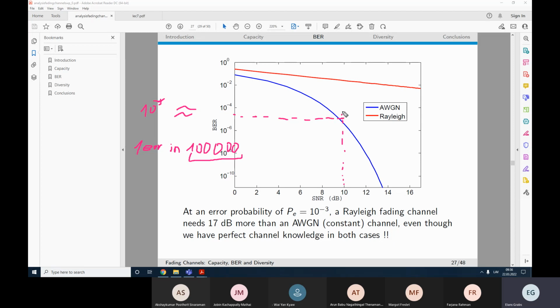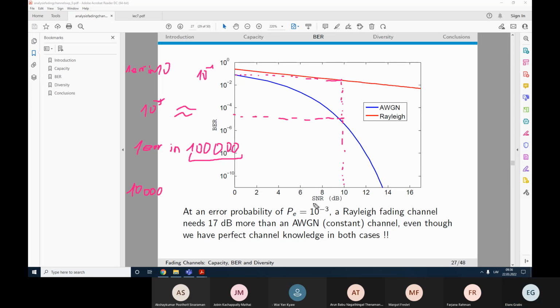Now, if we have a Rayleigh channel, which is usually what happens for any moving objects, the error probability is going to be around 10 to the minus 1, which is one error in 10 symbols. So roughly, we have a 10,000 times greater error probability.